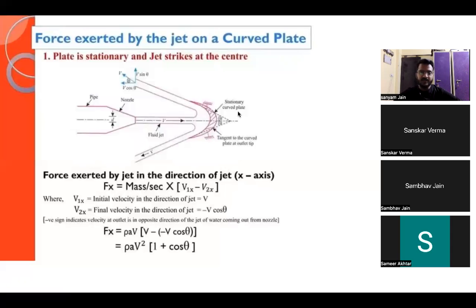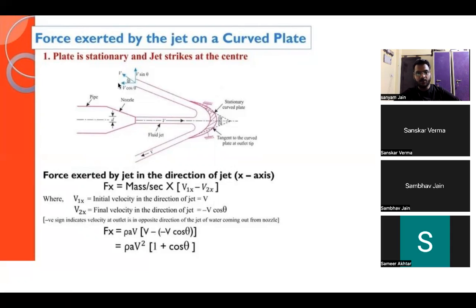This is another case, when the jet is striking a curved plate. The plate is stationary, so we don't take a relative velocity. The mass striking the plate per second is just ρAV, and the final velocity is in this direction with the angle θ, which is the blade angle at the outlet.